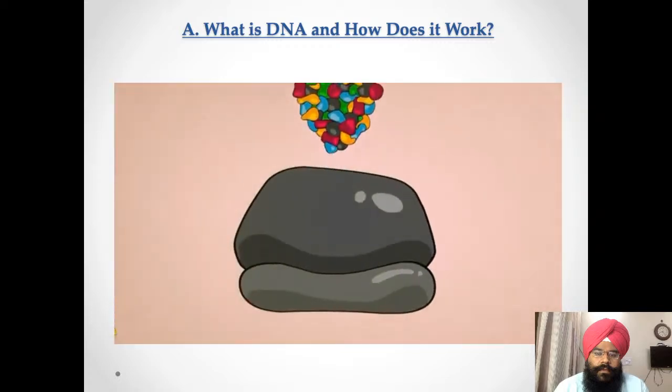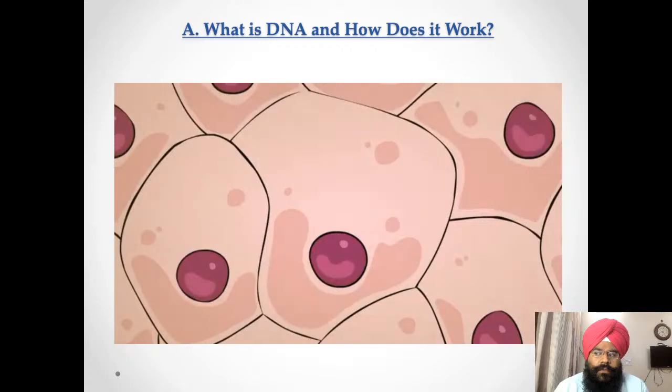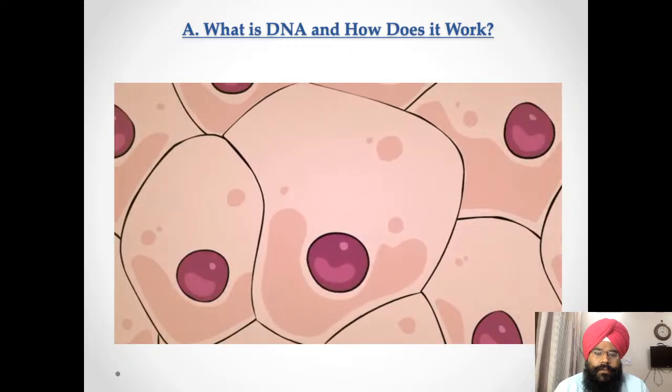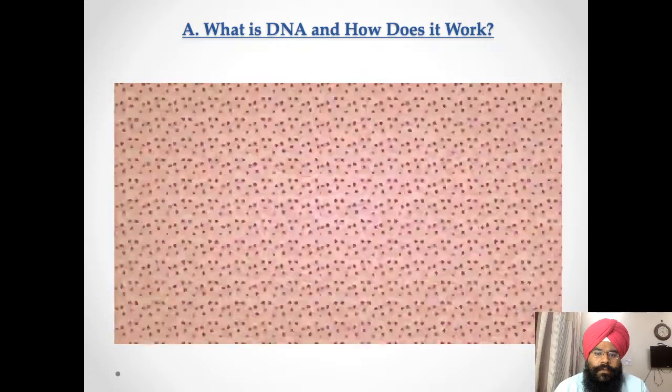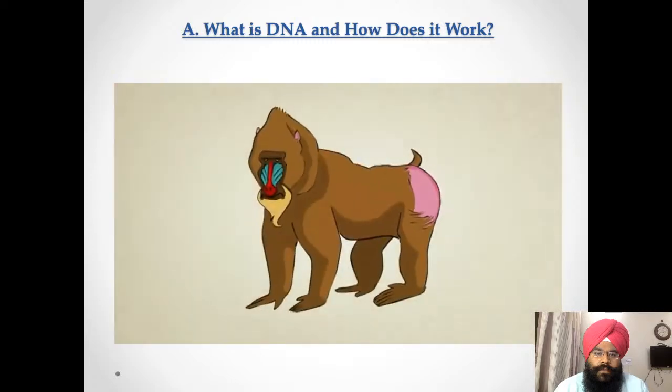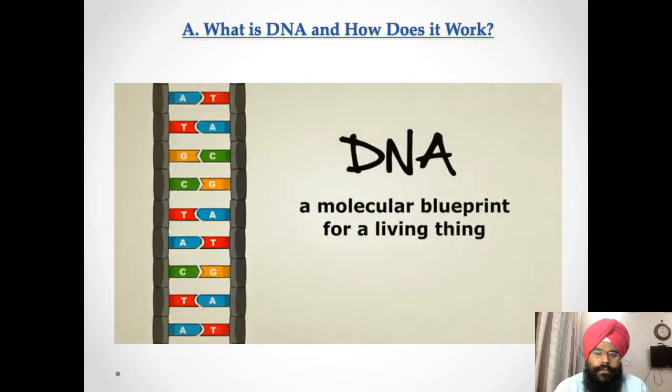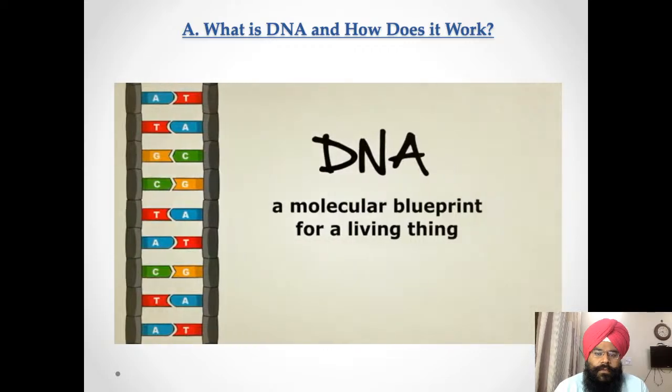Once a protein is built, it can then go on to do a number of different things, one of which could be to help form a brand new cell. So to answer the original question, what is DNA? DNA is a molecular blueprint for a living thing. How does it work?